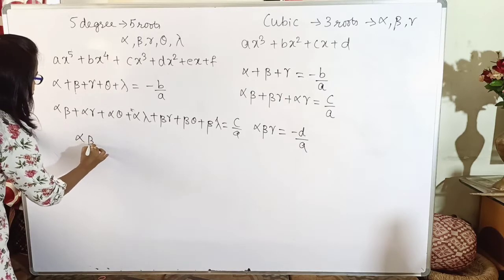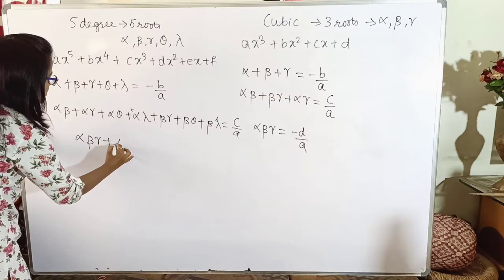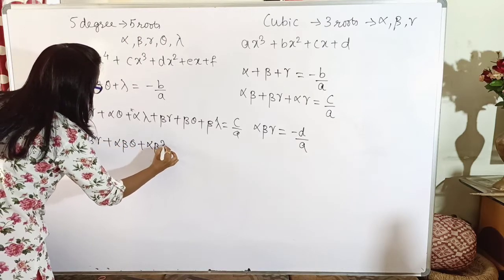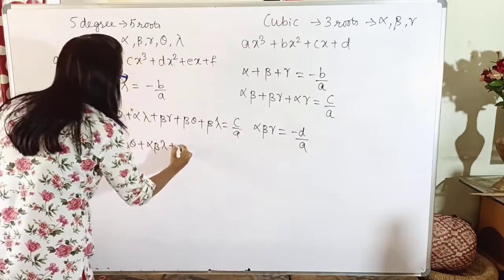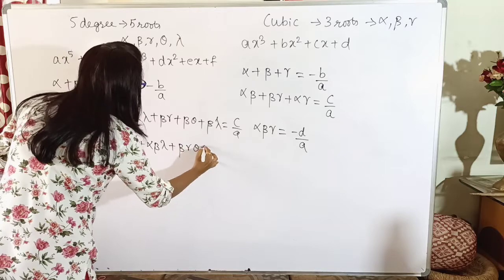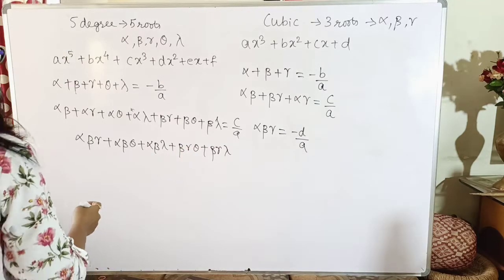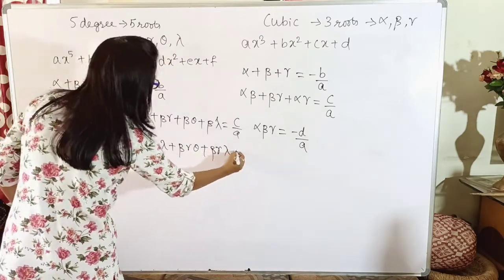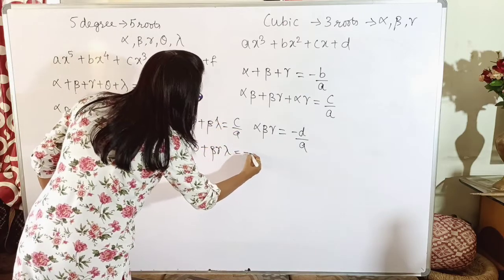Now here there will be more combinations other than one. Alpha beta gamma, first combination. Second one, alpha beta theta, plus beta gamma theta, plus beta gamma lambda and so on, which is equal to, now here it was minus, here it was plus, and again here it will be minus.